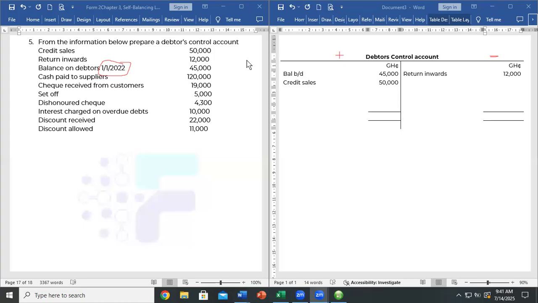So Ella, do you agree or disagree? Cash paid to suppliers. Alexia, can I hear from you on this? I think she would type in the chat.